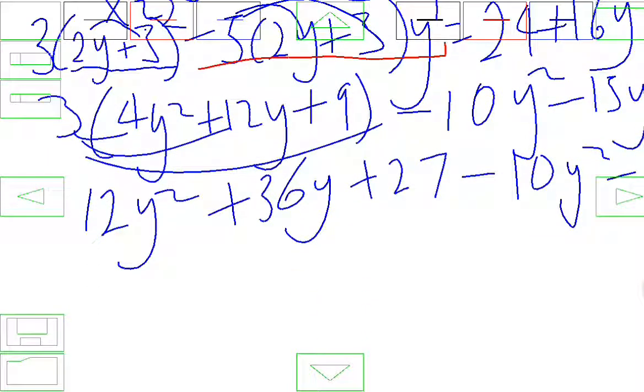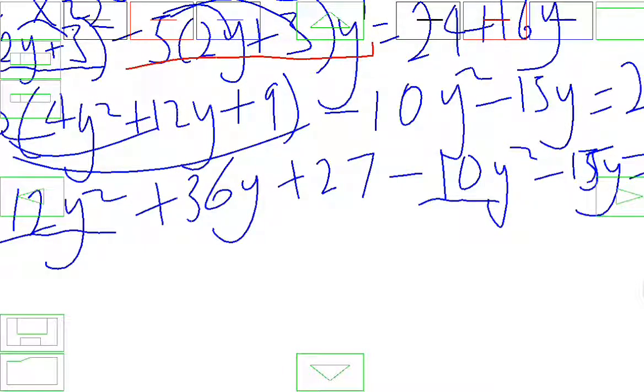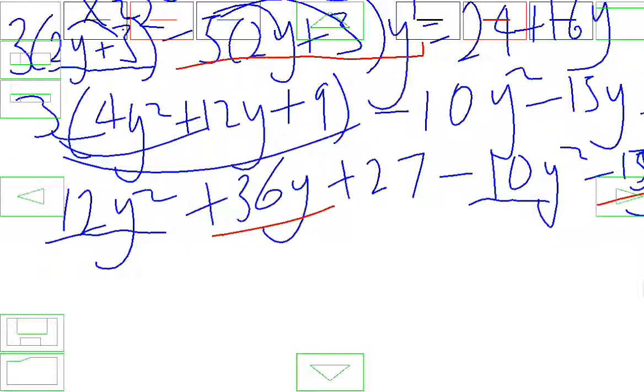Then now what we notice is like terms here, the like terms there and there. So now we can write this as 12 subtract 10, which is 2y squared.